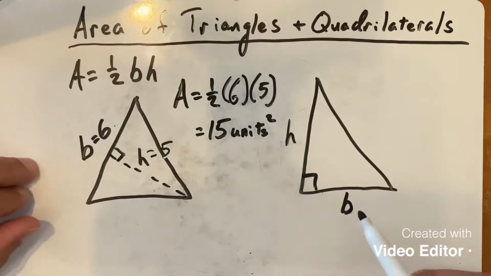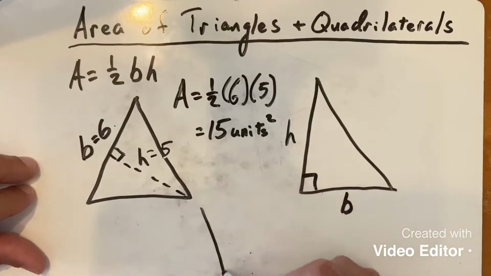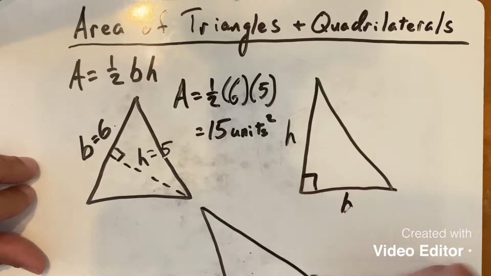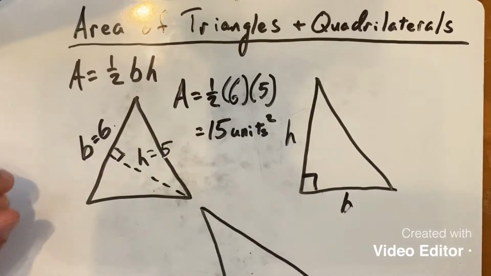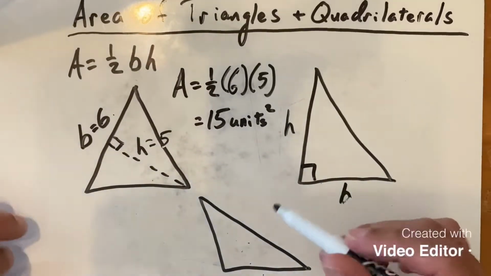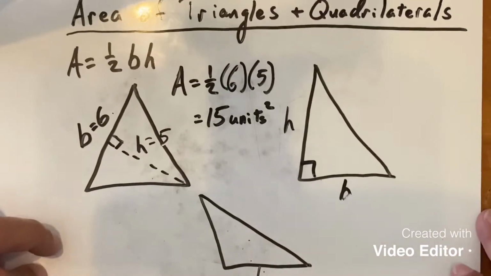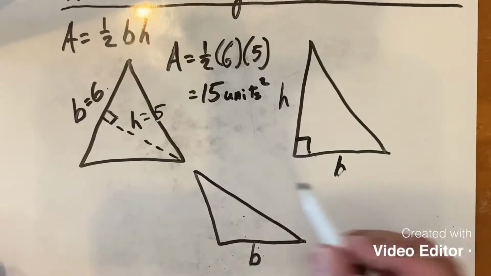Lastly, when we're talking about triangles, you may have an obtuse triangle, something that maybe looks like this. Remember, we're still talking perpendicular height. So we need to make sure that we are going perpendicular to the opposite vertex from the base. Let's say this is our base and we want to find the height.